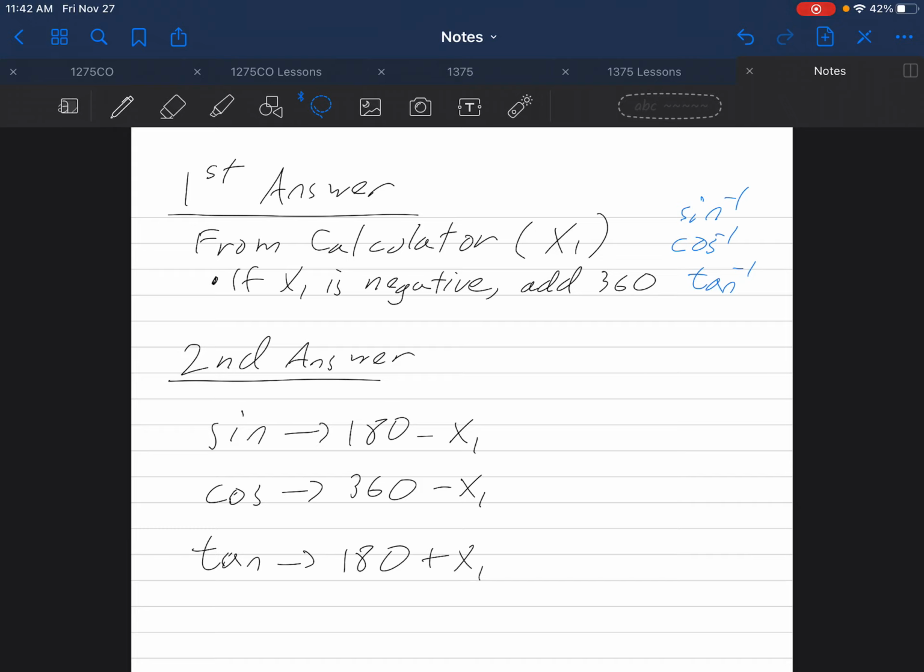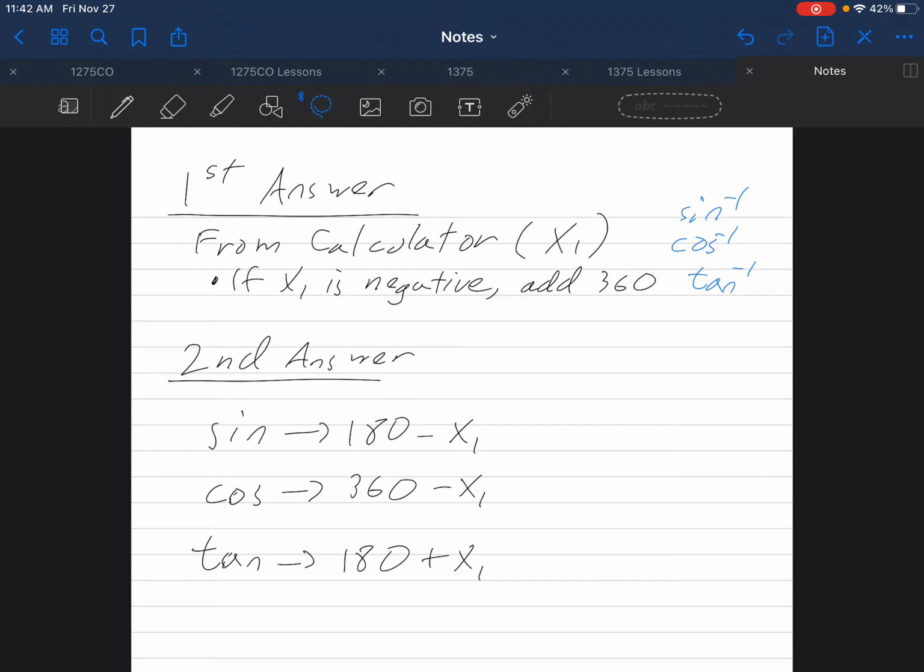That's fine. And your second answer, that's going to be needed if you need to provide an answer between 0 and 360 or 0 and 2 pi, is going to depend on which trig function this equation is using. Right? There are some trig equations that we solve on another video that have multiple trig functions in it. In that case, you'll be using maybe sine and tangent or something like that, but one at a time.